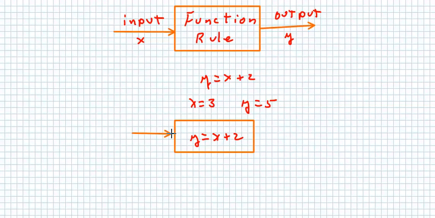And we input the value of x equals 3. My output is y equals 5. All right? If I get more than one value of y for any given value of x, it's not a function.